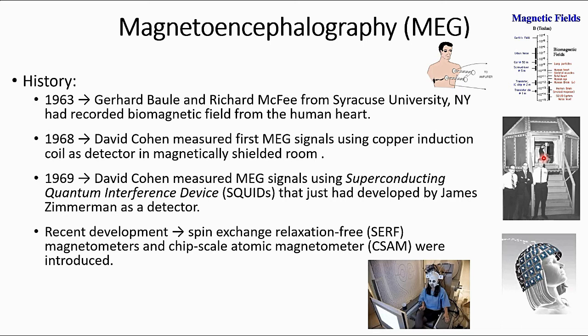Starting from here, the development of MEG kept improving, for example from a single SQUID detector until multiple sensors were introduced. Recently, spin exchange relaxation free, or SERF, magnetometers and chip scale atomic magnetometers were introduced. The application of MEG in neuroimaging and human cognition exploded in the 1990s.